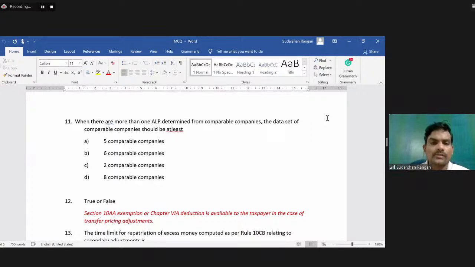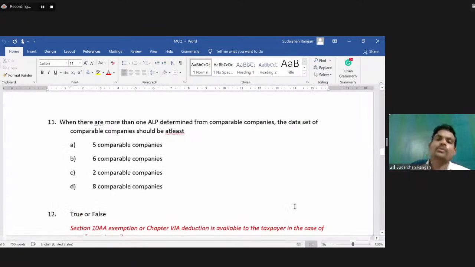And we saw at the end of the day, a lot of it is trying to get your math right. And we also saw how important statistics is. One aspect on statistics we looked into is the computation of range, where if you have multiple arm's length prices, you have to go on a range to find out whether your transfer price falls within that range.